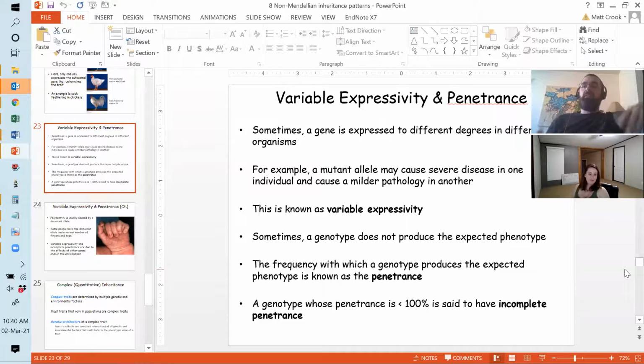So if you inherit one of these mutations from your mother, right, it depends on how many of the mitochondria in your cell have that mutation, right? Because it's like a population of bacteria in a way, inside every one of your cells, and also what's needed of that cell itself, right?